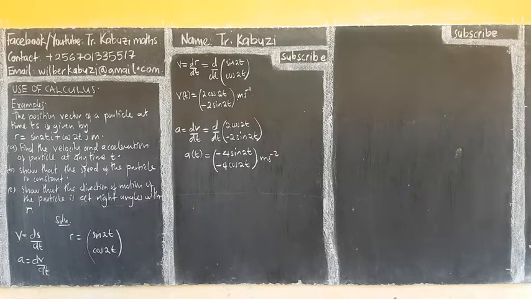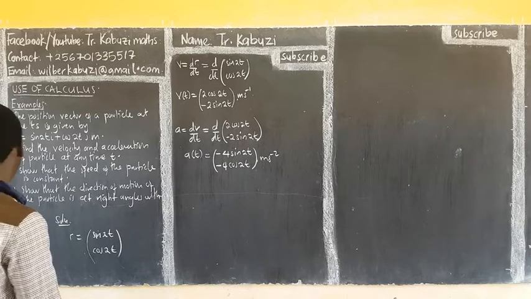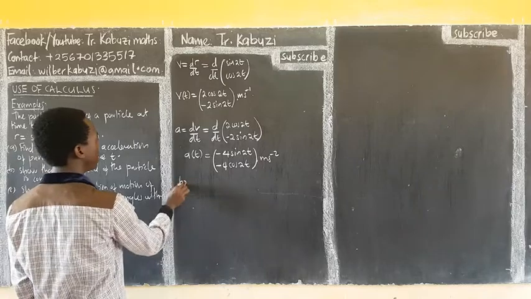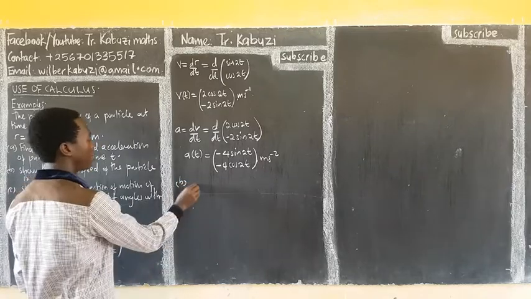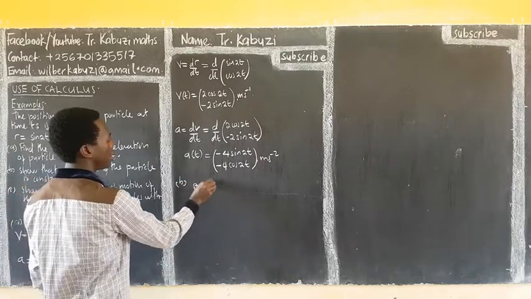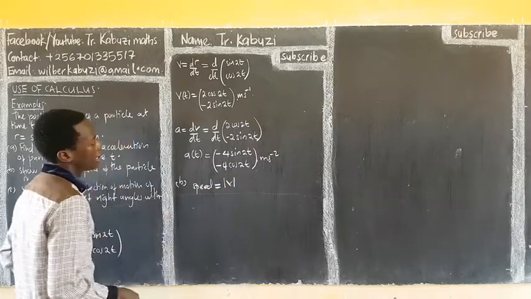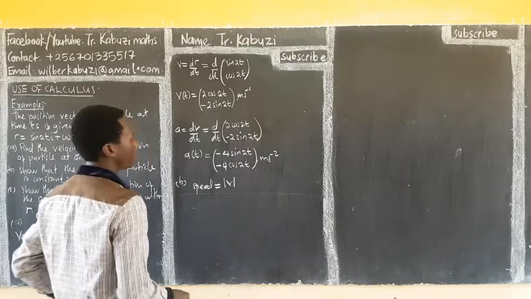If you want, you can give them in the i, j notation, no problem. So that's our part A. Then our part B: show that the speed of the particle is constant. Know that the speed of a particle is given by the magnitude of its velocity. So can we get the magnitude of this velocity?